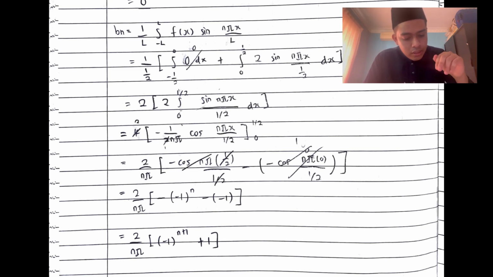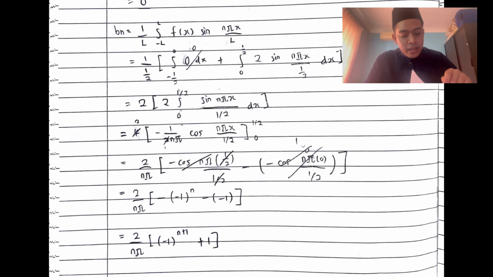So we will only integrate from 0 to 1/2 of 2 sin(n pi x over 1/2) dx. The 2 we put in front, so 2 multiplied by 2 equals 4. To integrate sin(n pi x over 1/2) dx, we use the tabular method.